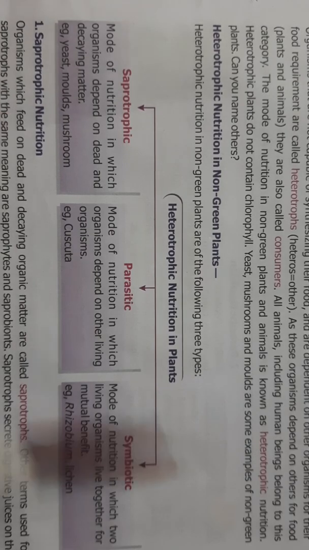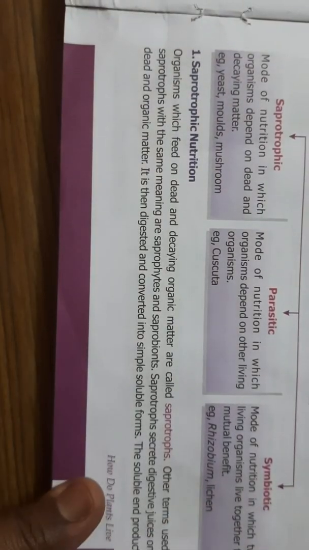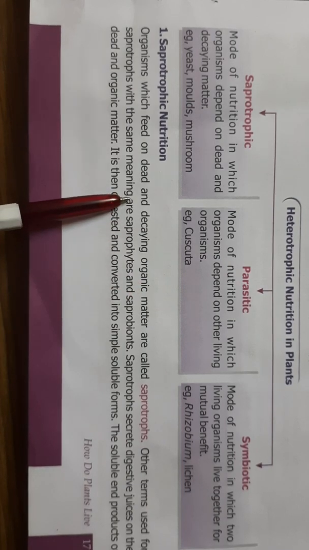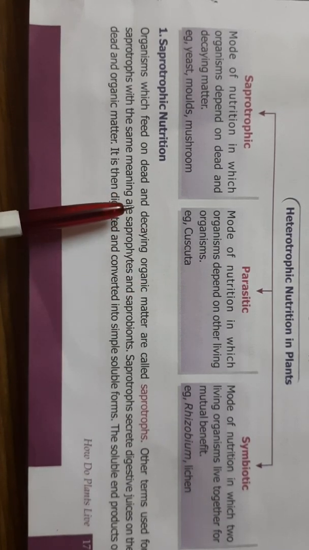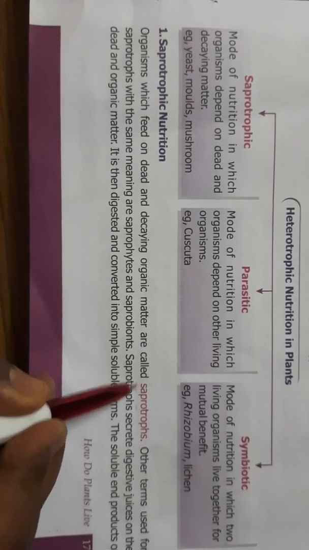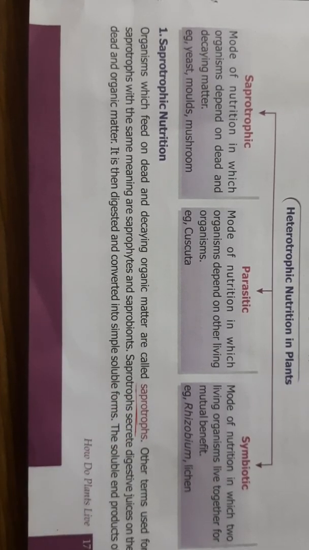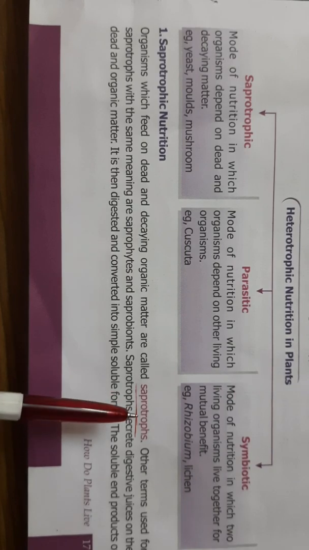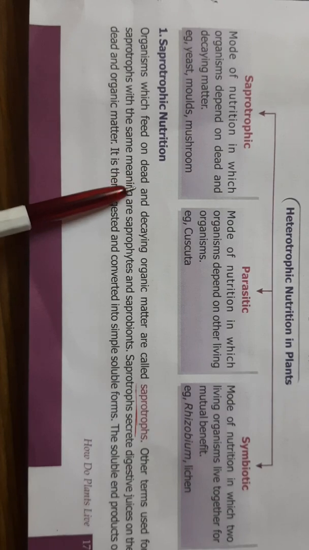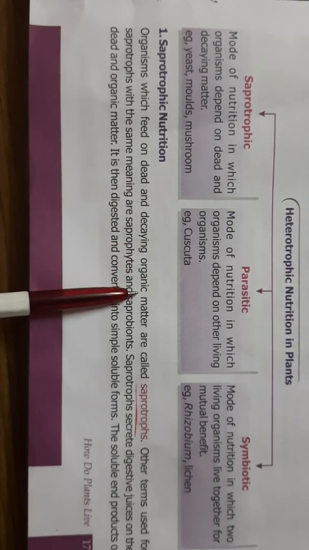The first one is saprotrophic nutrition. Saprotrophic nutrition is shown by saprotrophs. Now, what are saprotrophs? Saprotrophs are the organisms which feed on dead and decaying organic matter.